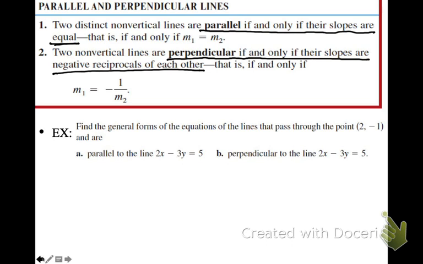When you multiply the two together, you should get m1 times m2. Negative 3/4 times positive 4/3. Would those be negative reciprocals of each other? Yes. And what do I get when I multiply them together? Negative 1. For perpendicular lines, the product of their slopes every single time will be negative 1. If it isn't, you did it wrong. No exception.